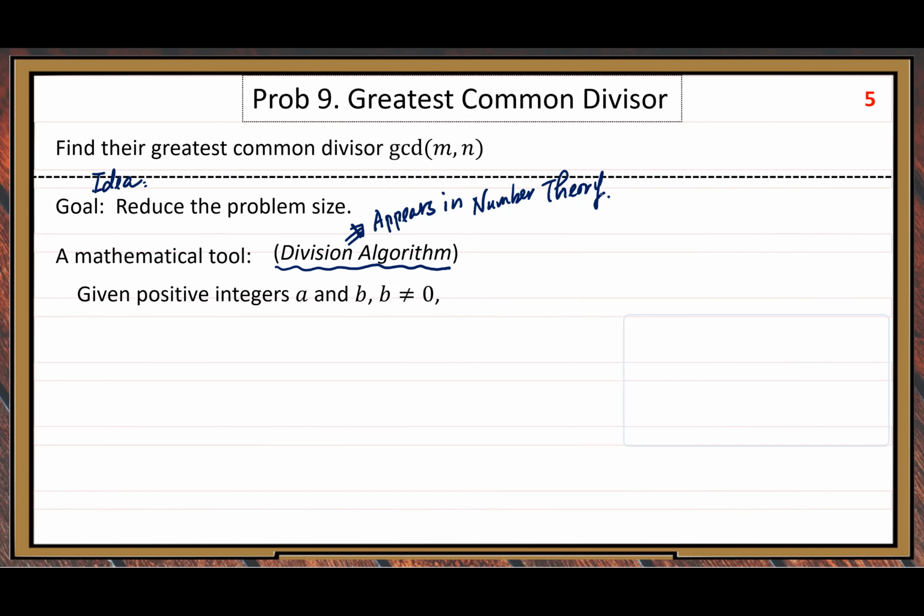What's that? Given positive integers a and b, b is not equal to 0, because we want to use b as the divisor. The divisor cannot be 0. So we can make this assumption, b not equal to 0.